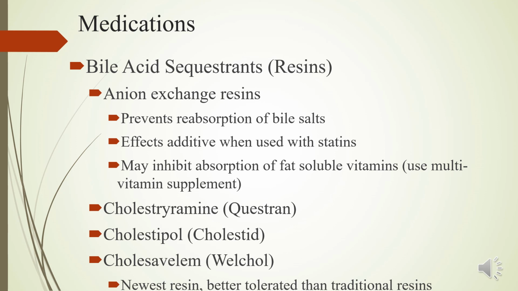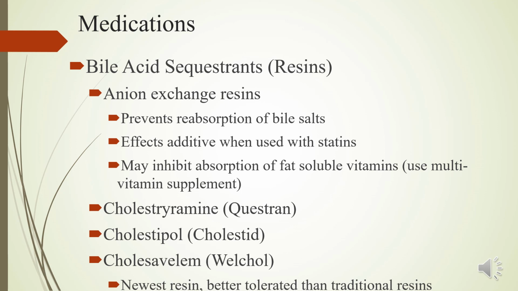Other drugs used, as mentioned earlier, in combination with the statins are the bile acid sequestrants or bile sequestering agents, and their examples are cholestyramine, which sequester bile acids in the gastrointestinal tract and block their recycling. But these drugs also block absorption of fat-soluble vitamins.